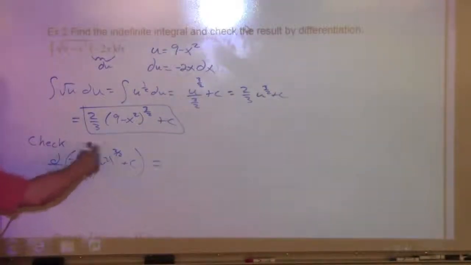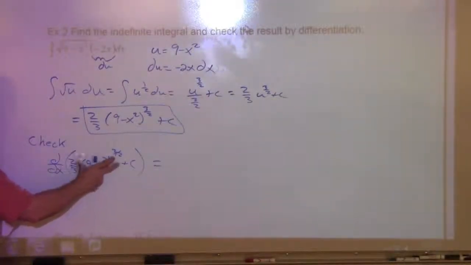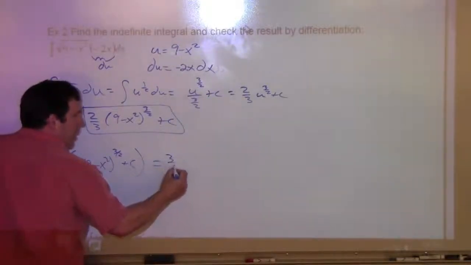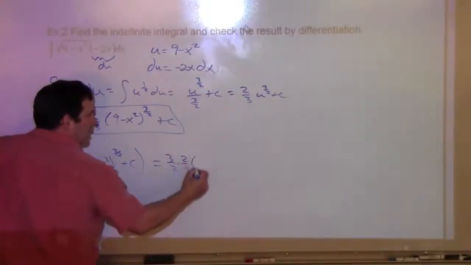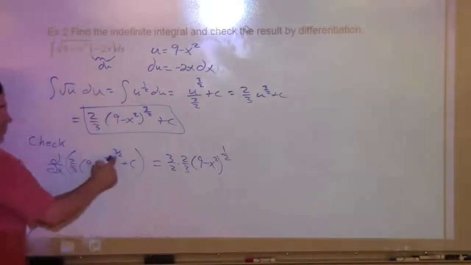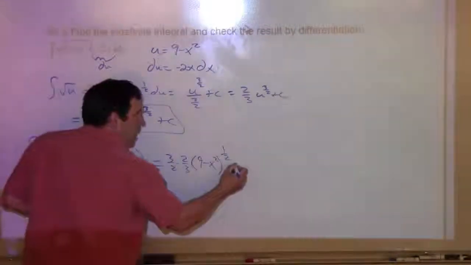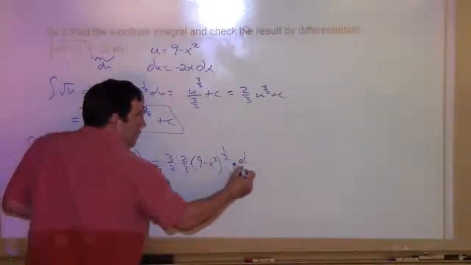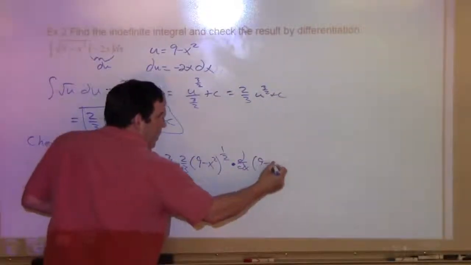Now we have a chain rule because we have an inside function and an outside function. So the outside function is something to the 3/2. So this is going to be 3/2 times that 2/3 times (9 minus x squared) to the 1/2. I subtracted 1 from the power, then times the derivative of what's inside. What's our derivative of 9 minus x squared?